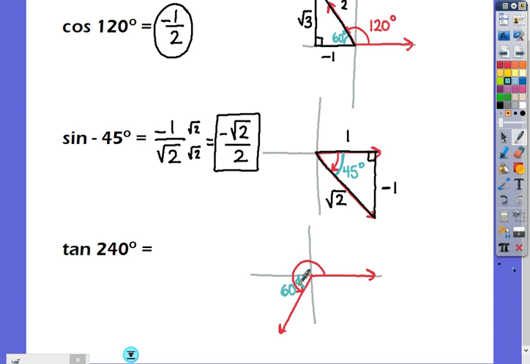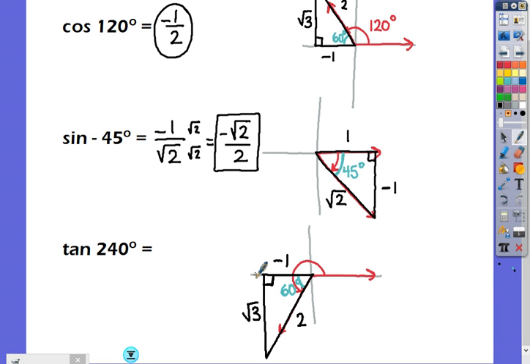I love that kind. If it's a 60-degree angle, I can make myself a triangle where the terminal side is the hypotenuse, the x-axis is one of the sides, and we'll just connect those to make a nice right angle. A 60-degree angle, 1, 2, square root of 3. Are any of those negative? This is a negative x value because we're in the third quadrant.